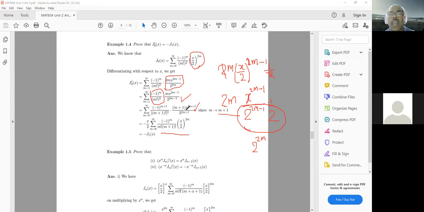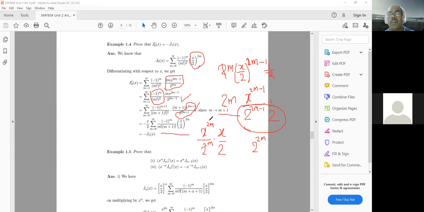So this x by this here, how do you get this? This quotient x to the power 2m plus 1 divided by 2 to the power 2m plus 1. So this can be written like this: x to the power 2m divided by 2 to the power 2m into x by 2.